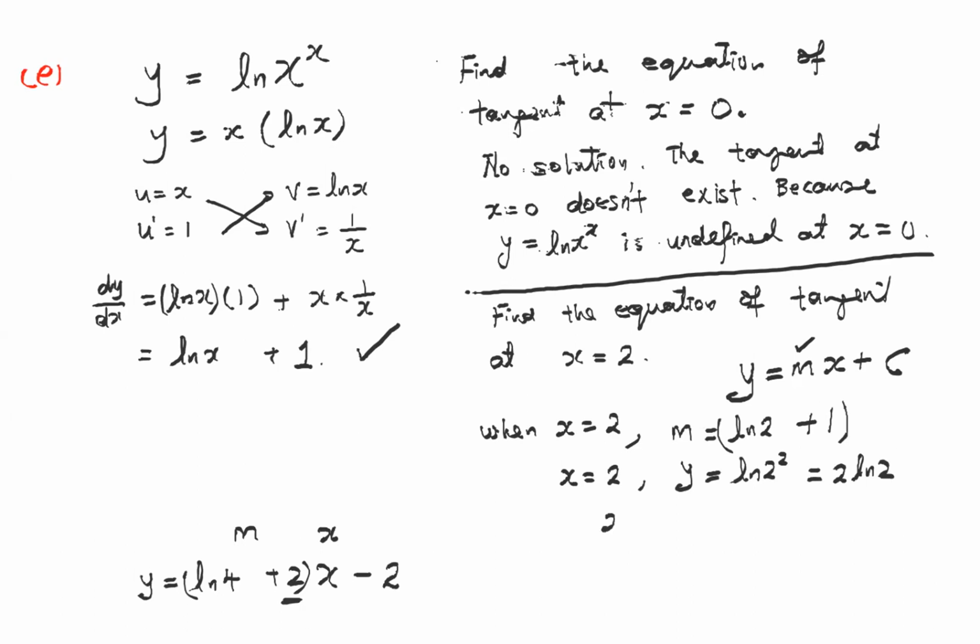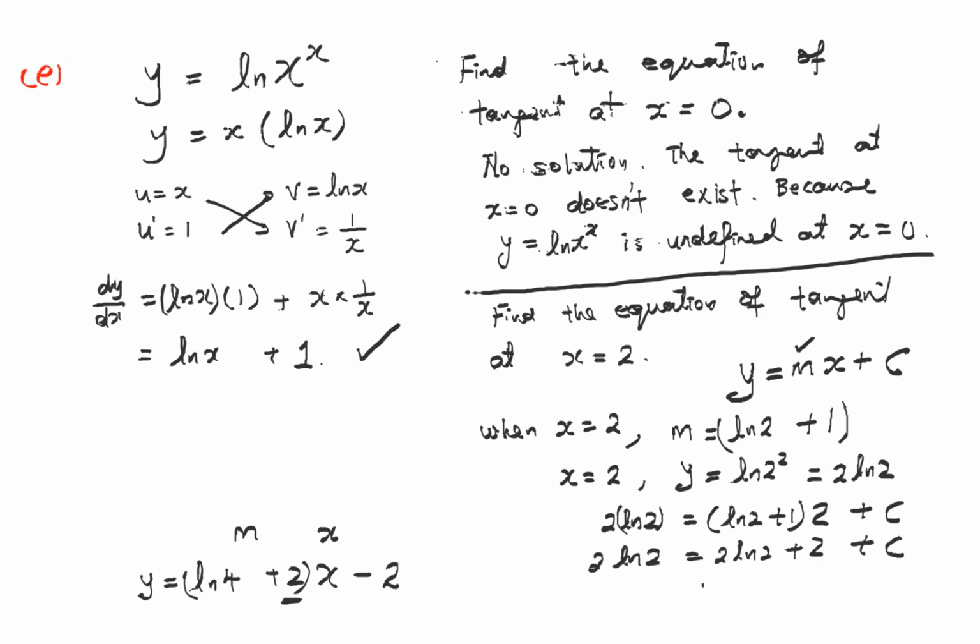So I have 2 ln 2 equal to (ln 2 + 1) times x plus c. Am I right? So this will be 2 ln 2 equal to, you expand, 2 ln 2 plus 2 plus c.